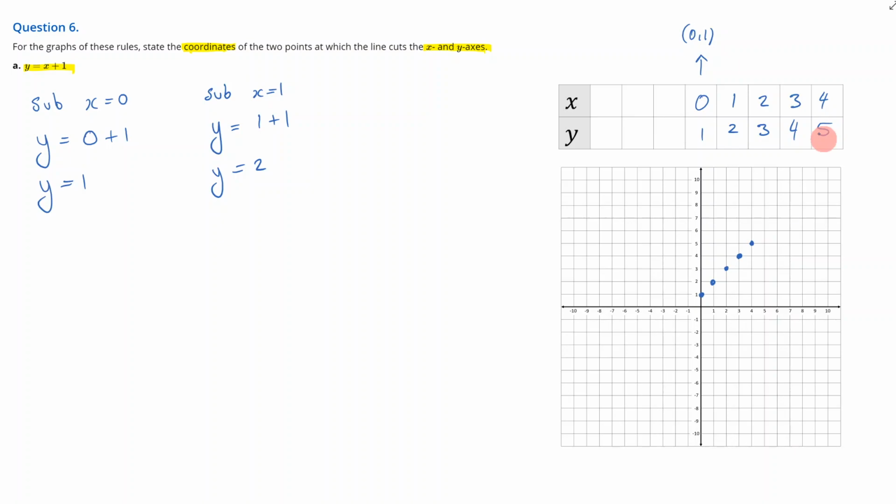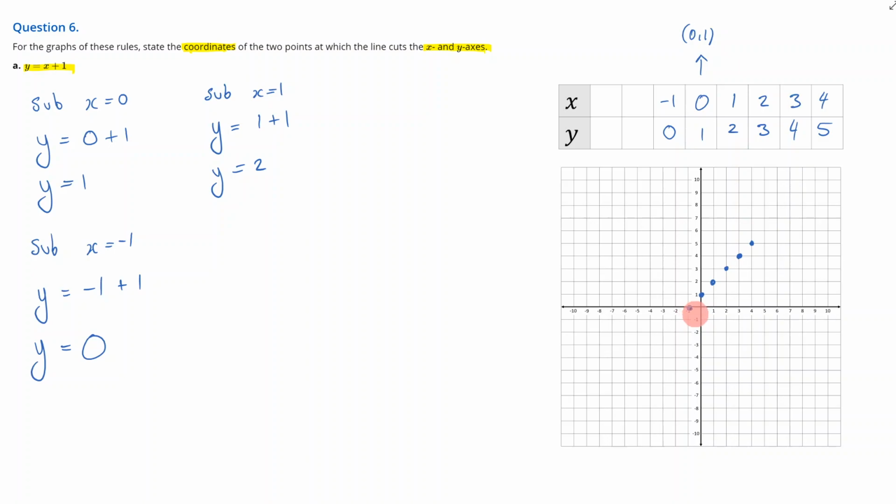Let's now go backwards. So let's now figure out what -1 would be. If I sub x equals -1 into my x spot, I then am plussing 1 to it because that's what my rule tells me to do. What is -1 plus 1? Well, it's 0. So I'm going to put a 0 here. My x value is -1 and my y is 0.